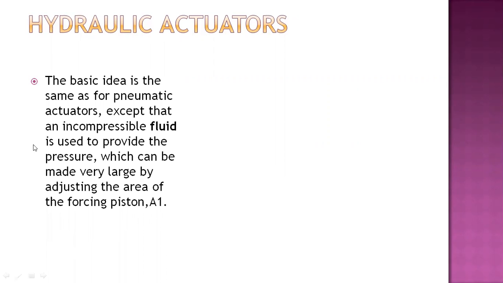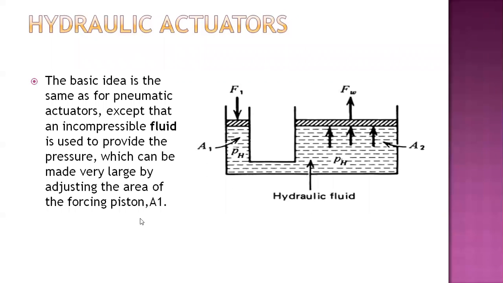So the basic idea, as I told you, is the same as for pneumatic actuators. Only one thing is different: an incompressible fluid is used to provide the pressure, which can be made very large by adjusting the area of the forcing piston, A1. Here is one example, which shows F1, the applied piston force, and A1, the forcing piston area.